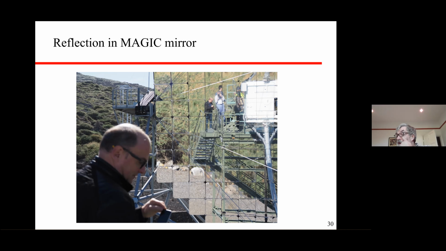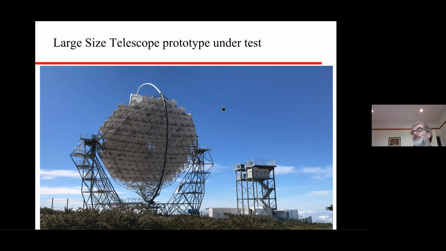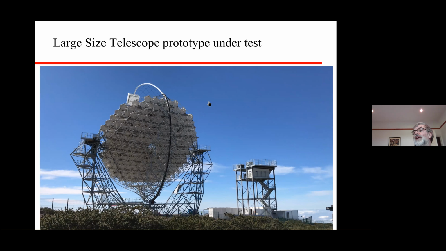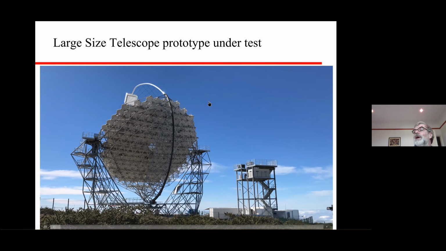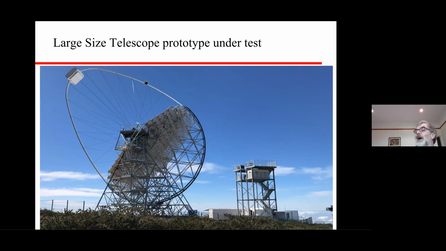And there's 1 or 2 mirrors that have been damaged by rain and ice. So you have to design these things to be as robust as possible. Okay, so here's some more about the Roque de los Muchachos. And here's a picture of that telescope moving to look at a different point on the sky in real time.